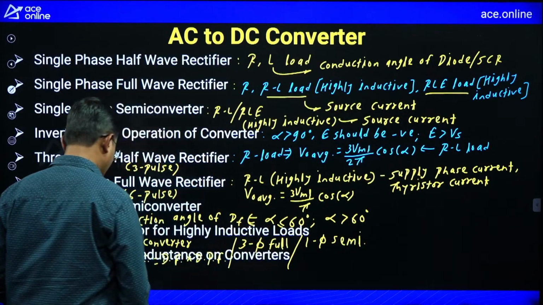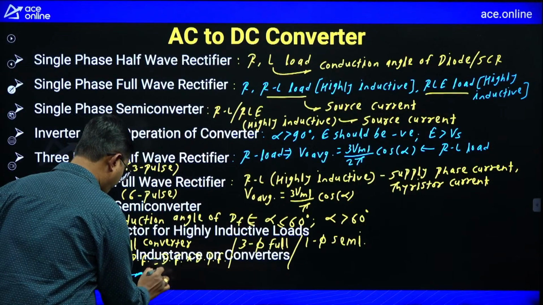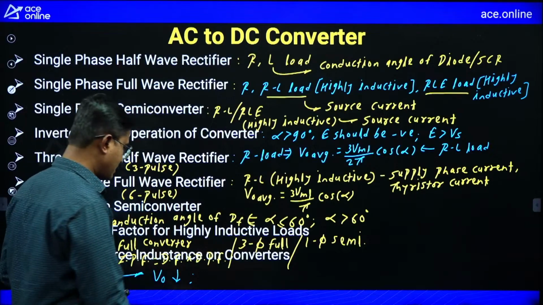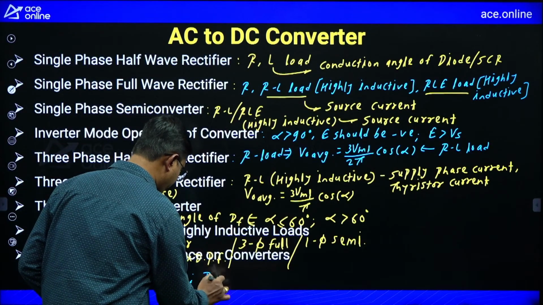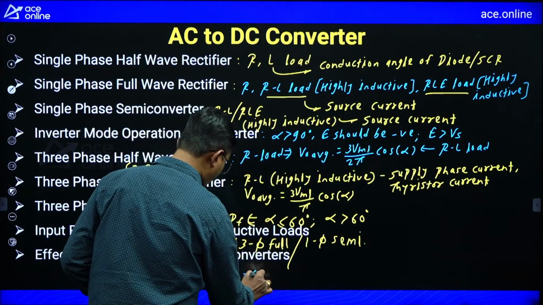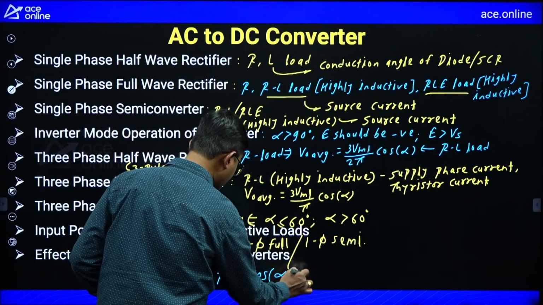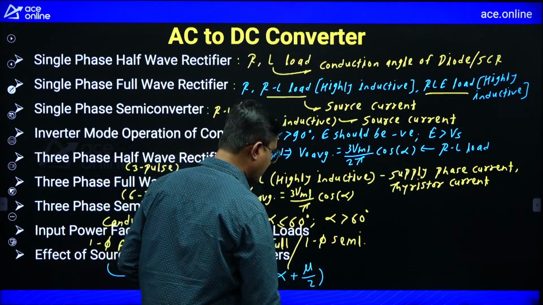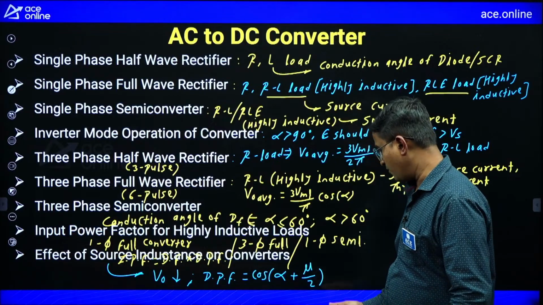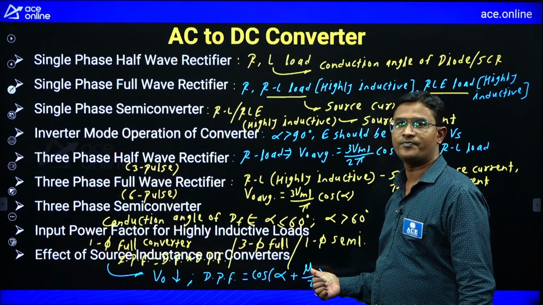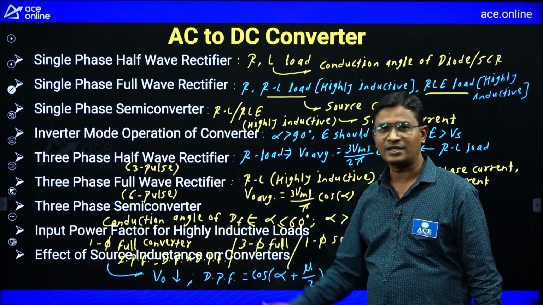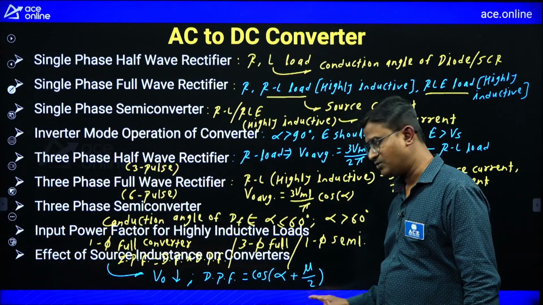Overall effect of source inductance is that output voltage of converter decreases, and my displacement power factor, also known as fundamental power factor, is equal to cos of alpha plus mu by 2. In one of the examinations, like GENCO Transco, they gave the overlap angle mu and alpha, and asked what is the displacement power factor when source inductance is present. So only this expression you are required to use.